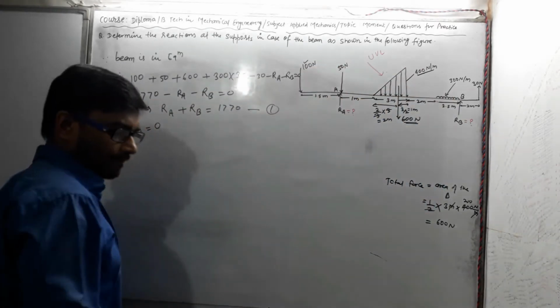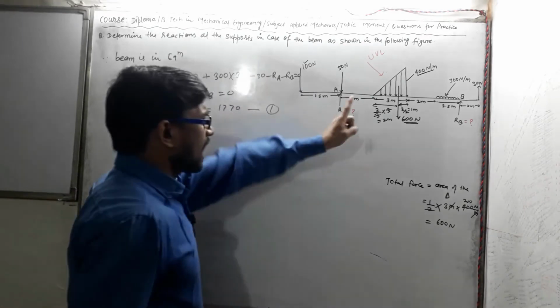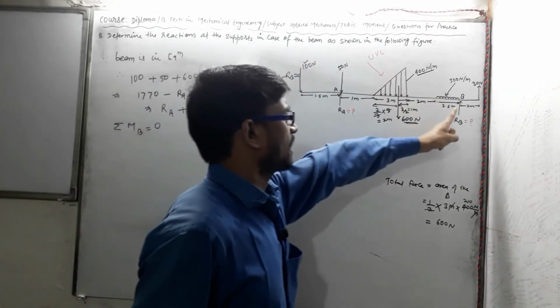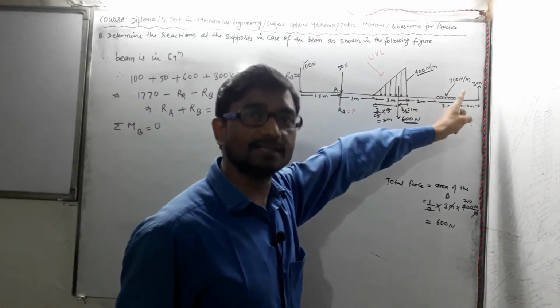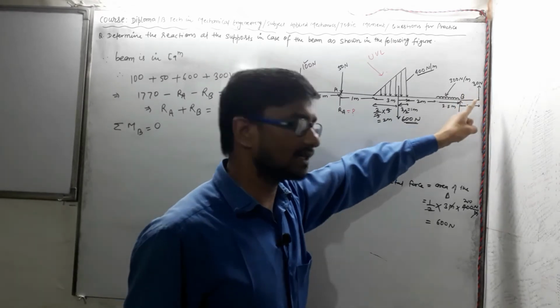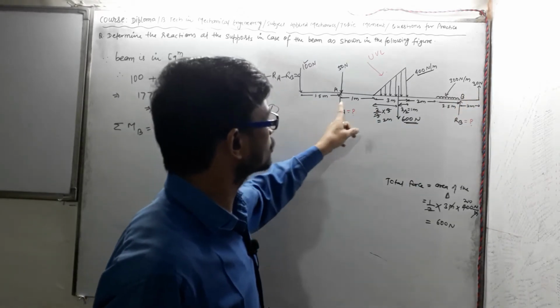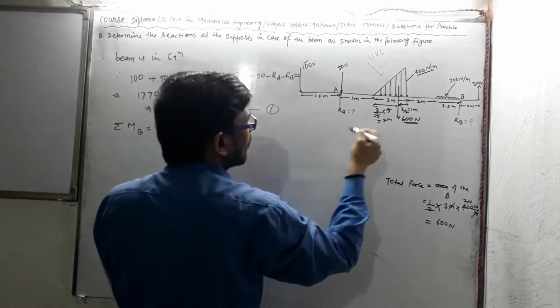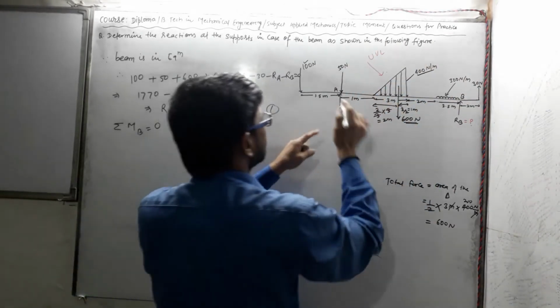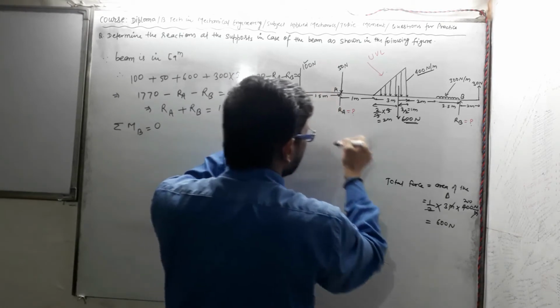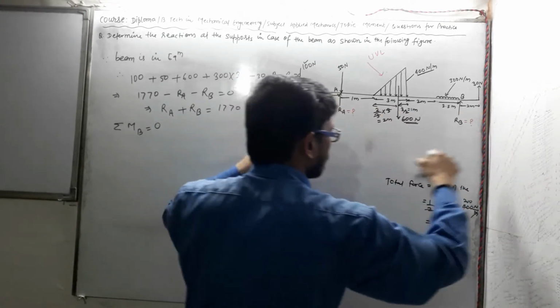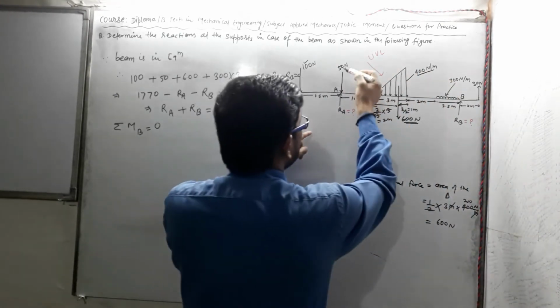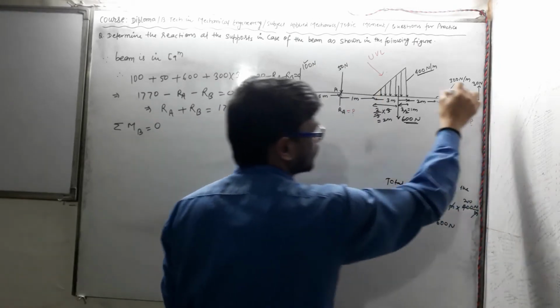Okay, so now see, I am focusing on point B as a moment center. RA will produce a clockwise moment in this direction. The remaining forces: the 100 Newton force will produce an anti-clockwise moment, and the 50 Newton is also producing anti-clockwise.